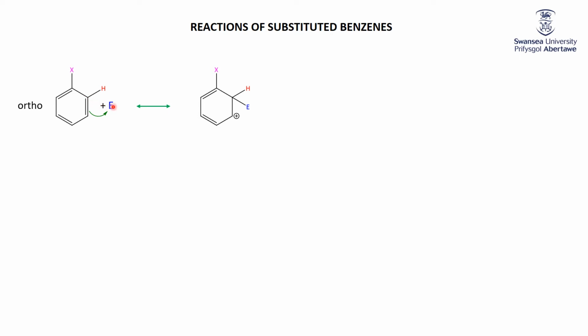We're saying we're making the bond to the electrophile at the ortho position, which puts a positive charge there at carbon 3. Okay, now of course we can stabilize that because we can move these pi electrons from this bond to that bond. And now we've got the positive charge on carbon 5, if you like. That's carbon 1, 2, 3, 4, 5.